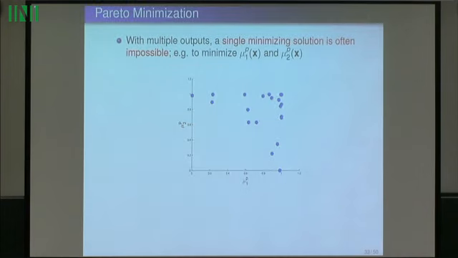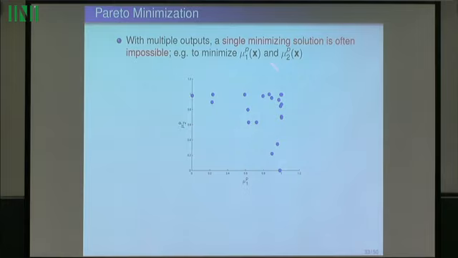So if you have, again, I've gone down to two outputs here so that we can see it more easily. If you have 2 outputs and this is your set of observations, and you want to minimize, then none of these up here are worth considering, because if I look at this point here in the middle, it's got a smaller value of the first mean and a smaller value of the second mean, so I can rule all of these out.